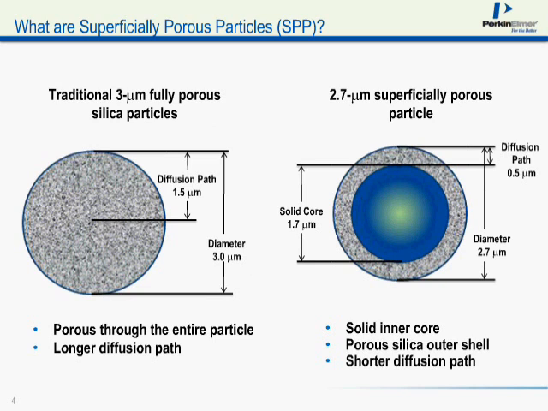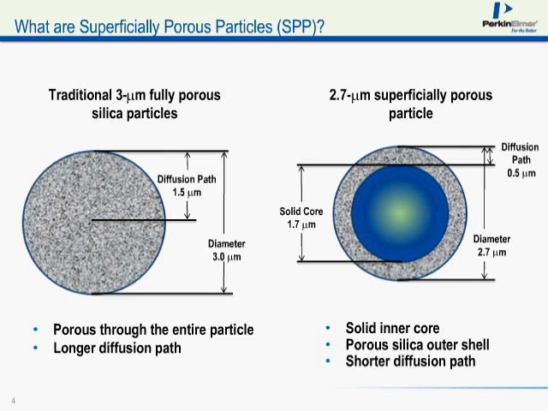One of the disadvantages of using these sub-2 micron UHPLC particles is that they have high back pressure on the columns, so that a lot of times you have to buy new HPLC or UHPLC systems in order to accomplish those high pressures in order to use those columns. Also, those UHPLC systems have optimized dead volume. In other words, they have low dead volume in the system so that you get the optimized separation.